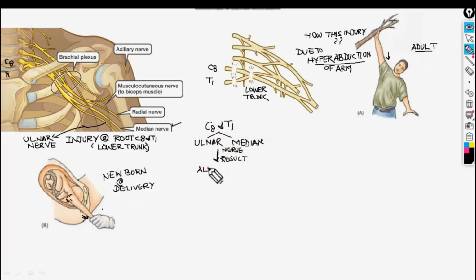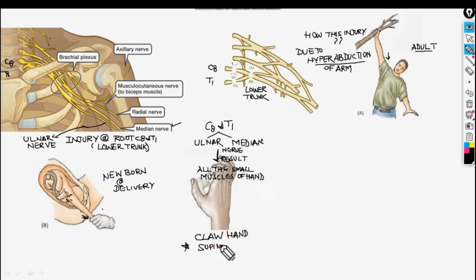Now we will see the clinical condition. Such cases clinically present with the claw hand. You can see here the claw hand. Another condition is Horner syndrome.